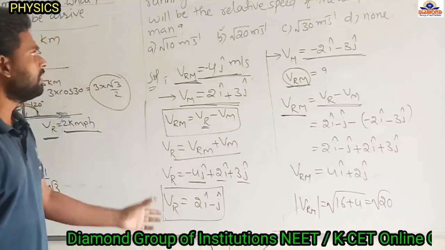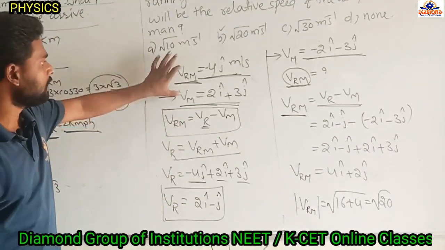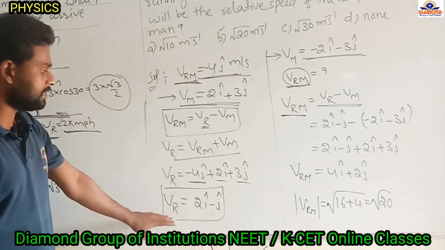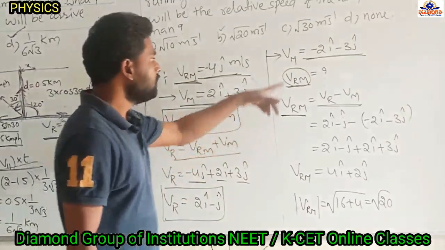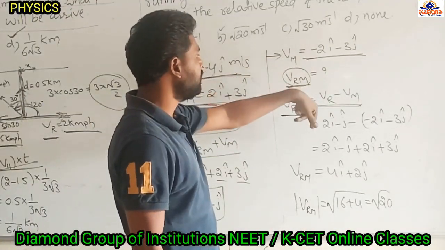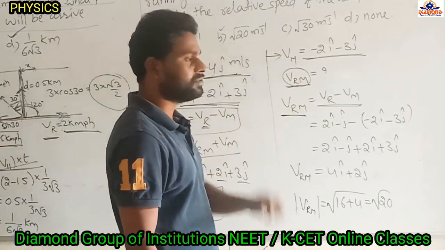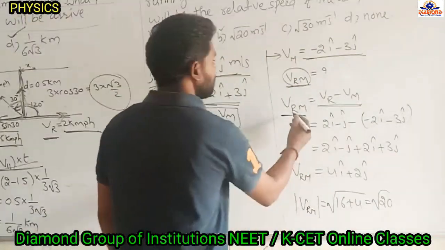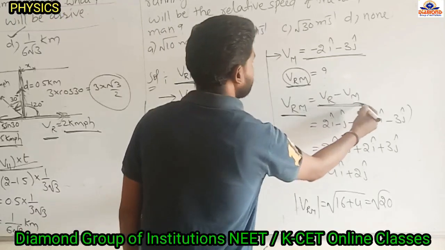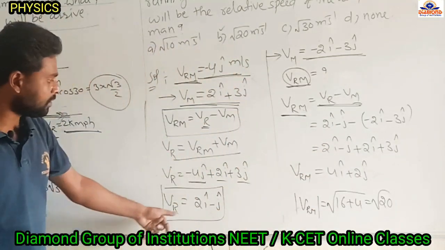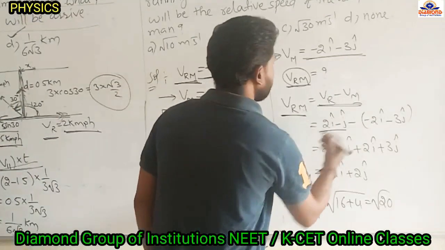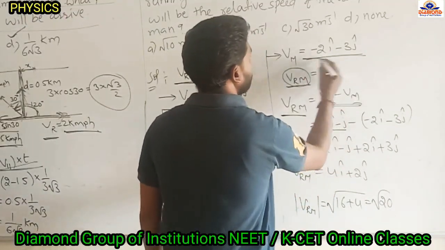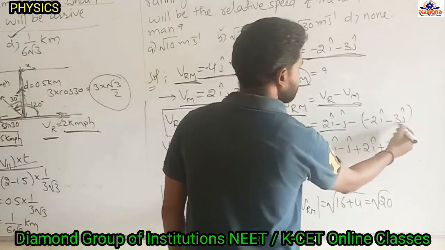From the first case, whenever he is going upward, the data gave us the velocity of the rain. Next, he is coming down, and we have to find the velocity of the rain with respect to the man. So the velocity of the rain with respect to the man is Vr minus Vm. The velocity of the rain we found is 2i minus j, minus the velocity of the man while coming down, minus 2i minus 3j.